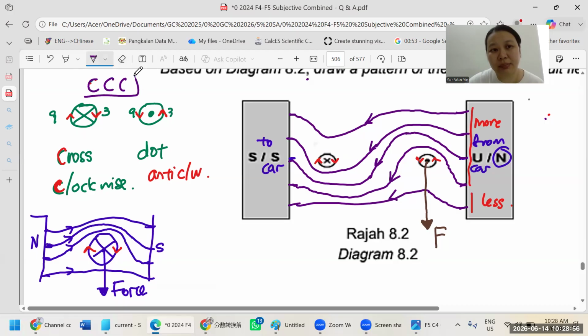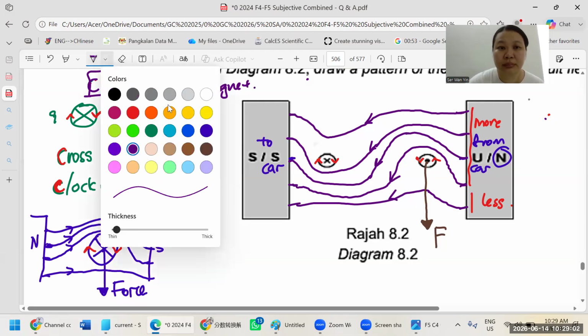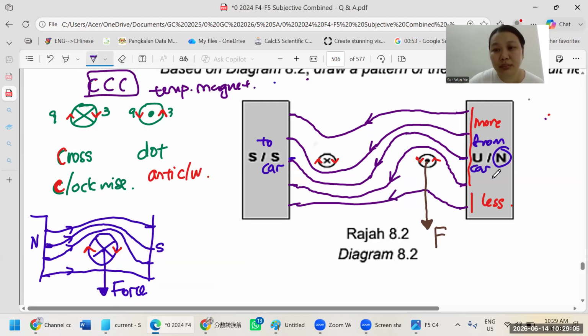So now they both become a temporary magnet already. Okay, now we check here. Here more lines, right? Here fewer lines. So more magnetic field lines will push to the place with fewer magnetic field lines. So this is the force.